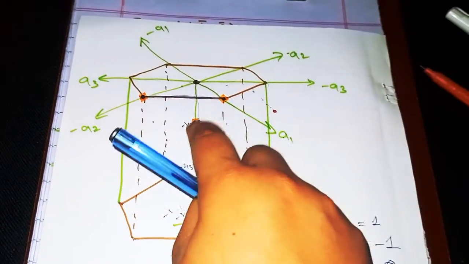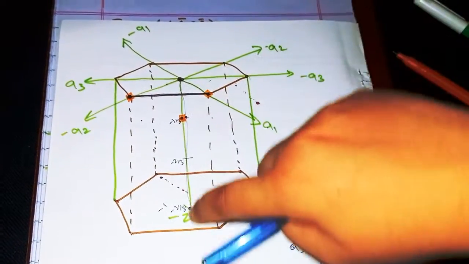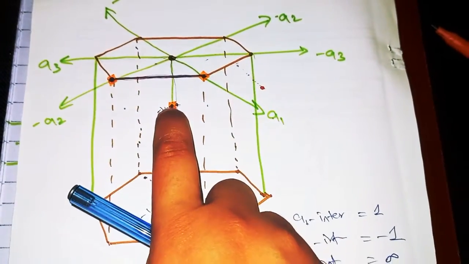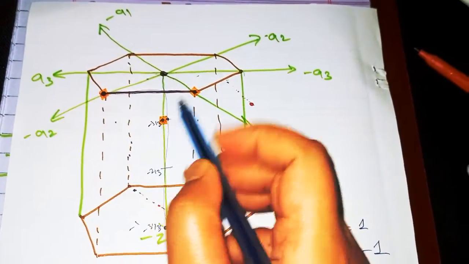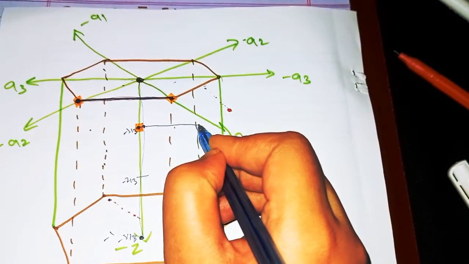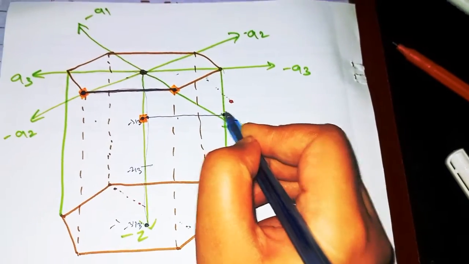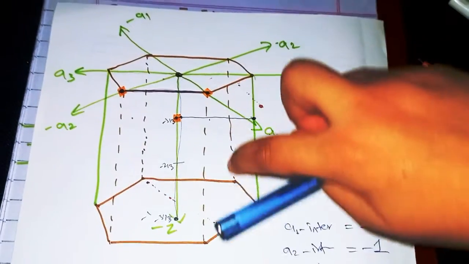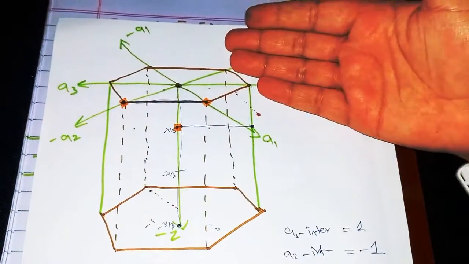Now for this point, which is right at the middle, we'll draw parallel lines along the a3 direction, which is horizontal lines. So we'll draw a parallel line from this point like that, horizontal, and we'll stop at the other corner of the unit cell, which is this point. We will not stop here or here because this is behind the center.